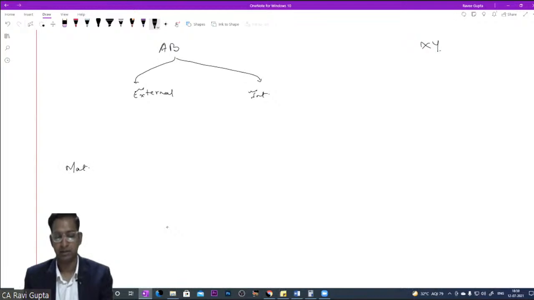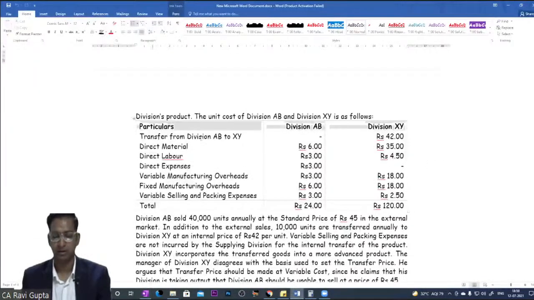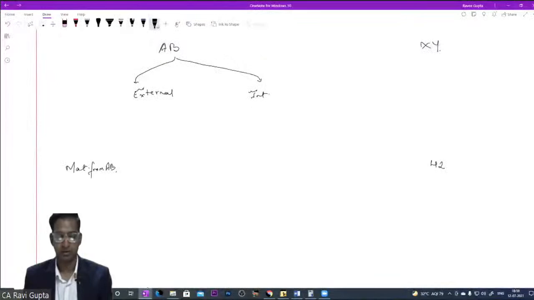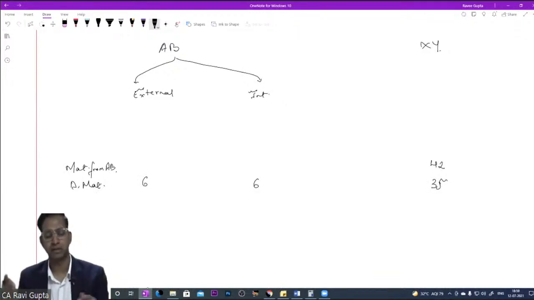Material from AB. This is material from AB. It costs him 42 rupees, and this has been given: transfer from division AB to XY. Now direct material, 6 rupees and 35 rupees. This cost will be same whether it is external or internal.